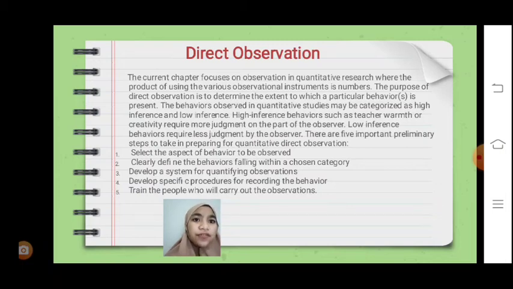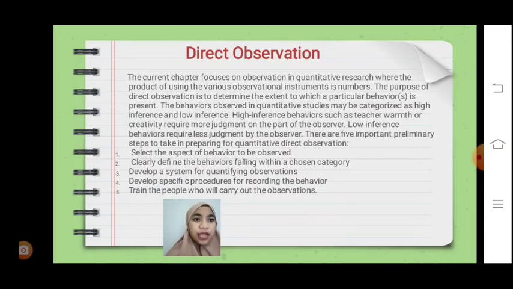The purpose of direct observation is to determine the extent to which a particular behavior is present. The behavior observed in quantitative studies may be categorized as high inference and low inference.